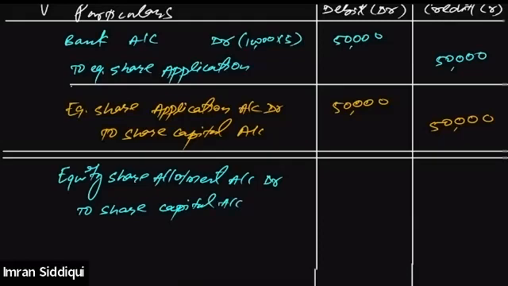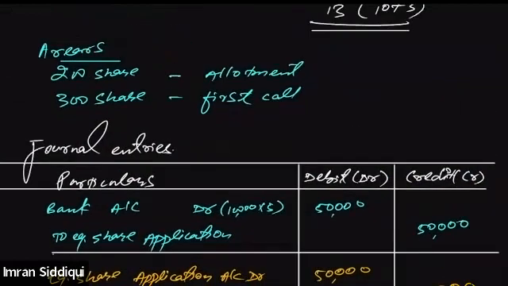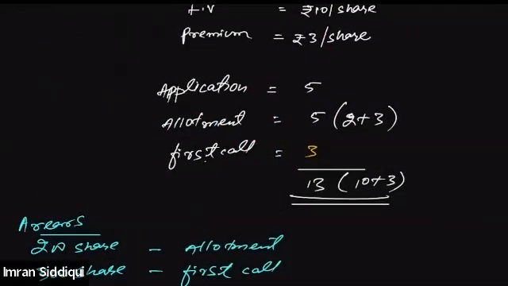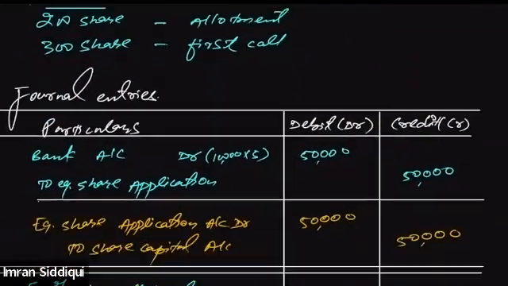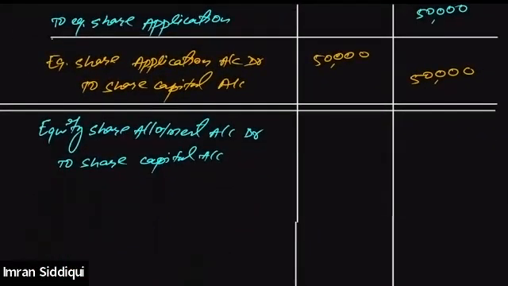What amount do we need to make due on the allotment? Allotment is 5 rupees including premium. So equity share allotment account debit to share capital and to securities premium reserve account.